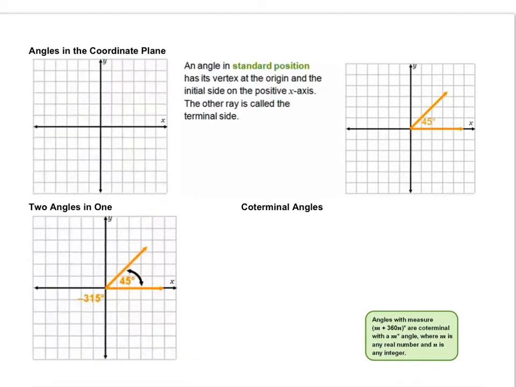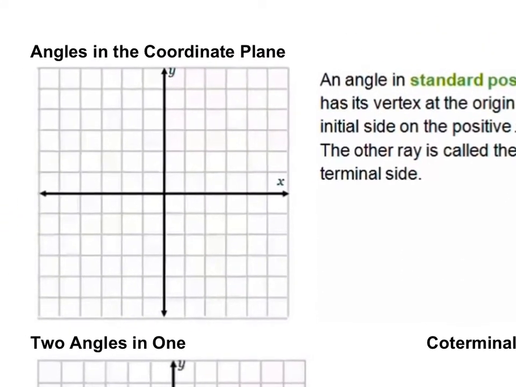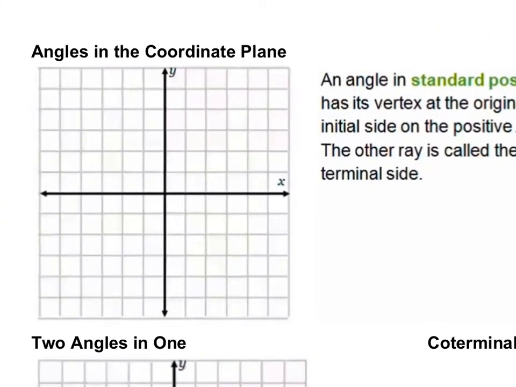All right, and what I'm going to do here is draw a typical angle that we would have in standard position. So I put my vertex at the origin. I put my initial side along the x-axis, and then I draw my other side, my terminal side, going away.